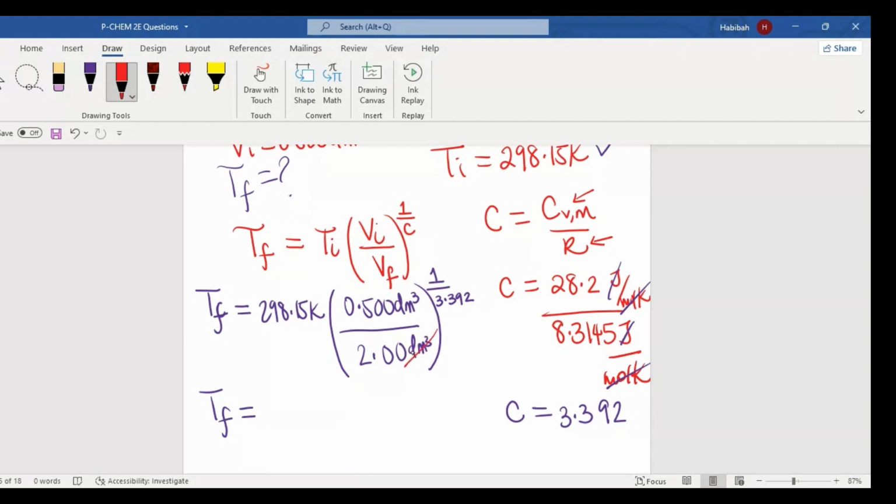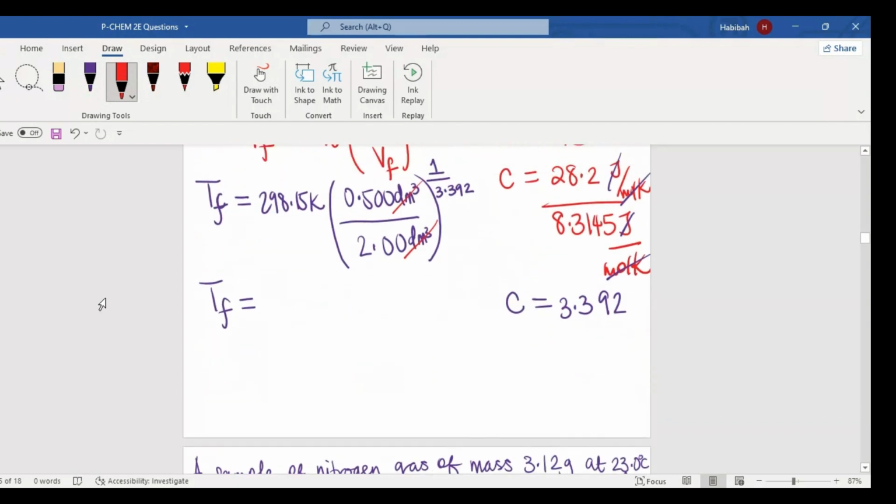Before we go ahead, let's cancel out the units for the volume. We're going to input that information in our calculator to get 0.66436, times 298.15 kelvins.